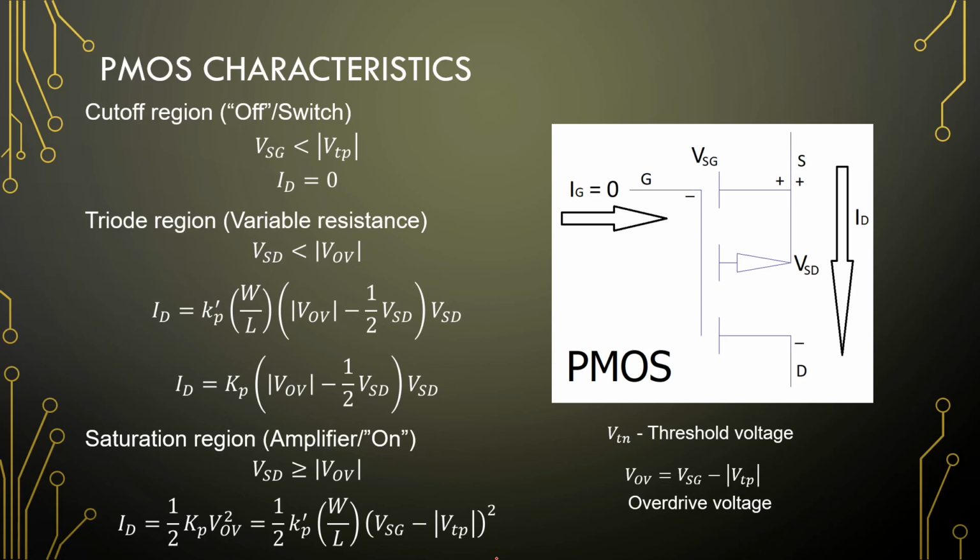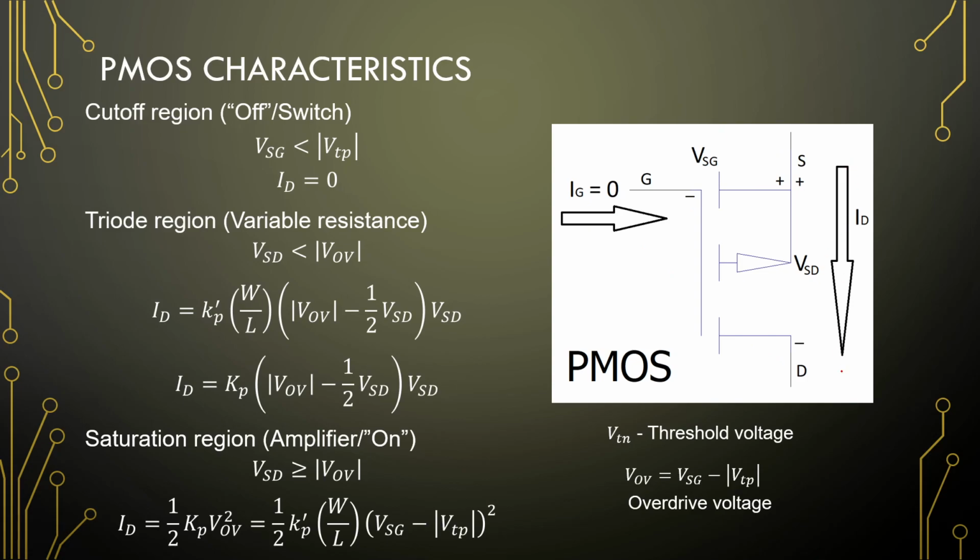So VTN is a positive value and VTP is usually a negative value. If you make it positive, you can use the same equation for the NMOS and the PMOS. Okay, just note that typically the PMOS will be used the other way around.